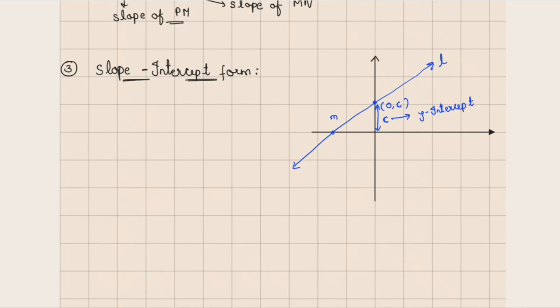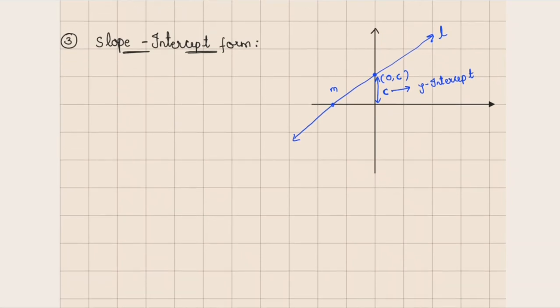Then how does the line look? From the point slope form, which is y minus y naught equal to m into x minus x naught, where we know one point and the slope, similarly here, substitute the point 0 comma c in x naught comma y naught. That implies y minus y naught is c, which is equal to m into x minus 0, which is nothing but y equal to mx plus c, where c is the y-intercept.